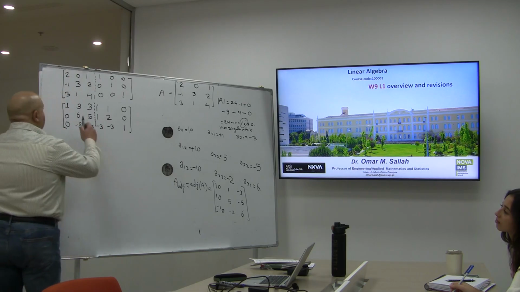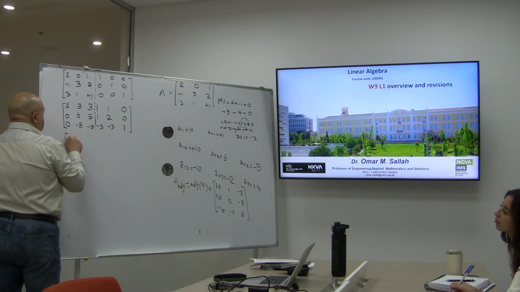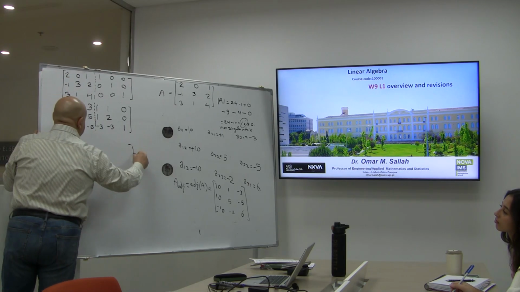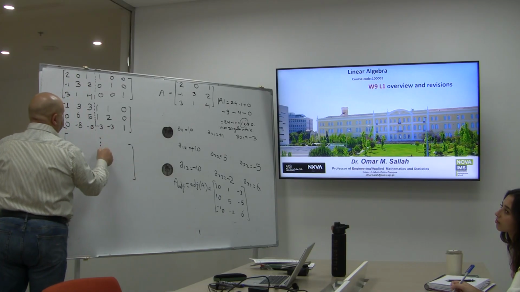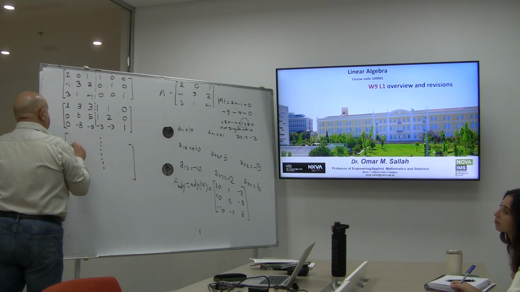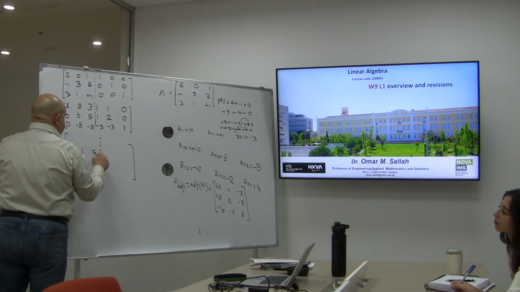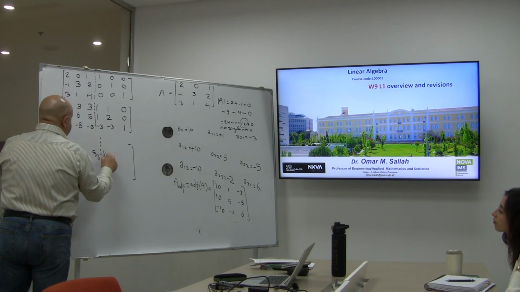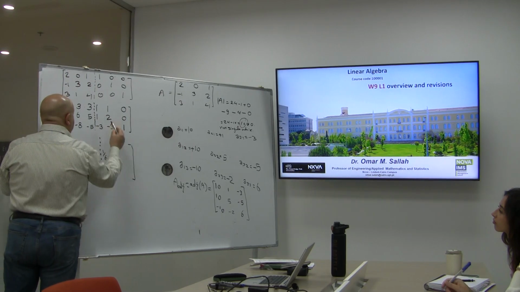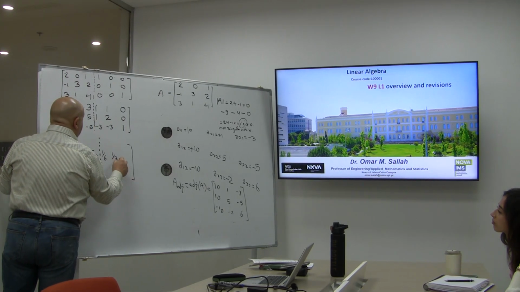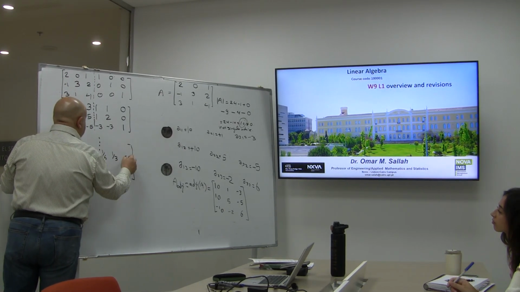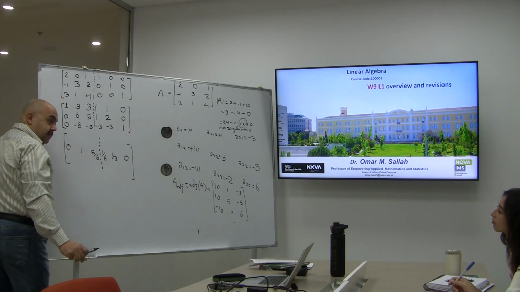Okay, it's done. Let's divide on 6. So it's going to be a 0, then I will have 1, then I will have 5 over 6, then 1 over 6, then 2 over 6, which is 1/3, then 0 over 6 is 0, okay?